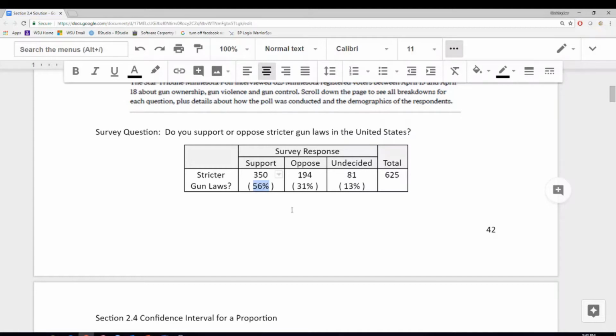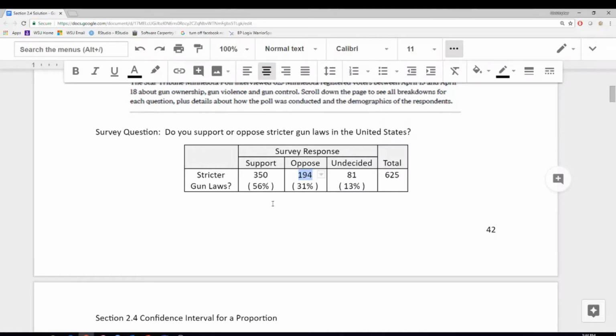If we consider those that oppose stricter gun laws, there were 194 of those individuals, and 194 divided by 625 is where this 31% is obtained from. Finally, there were 81 people that were undecided when asked this question. That represents about 13% of the total people surveyed.